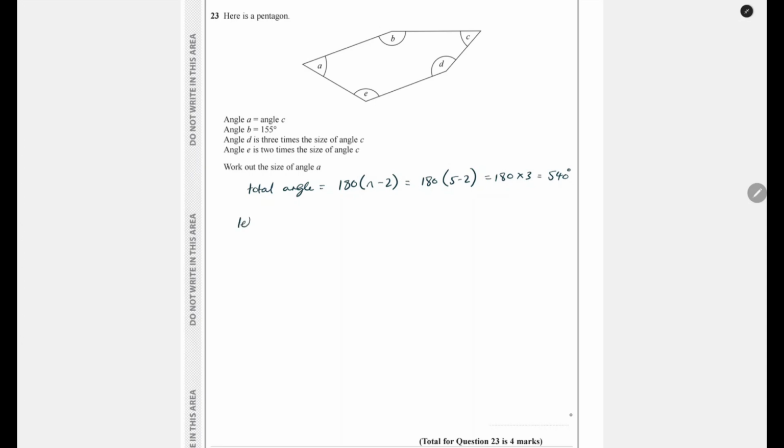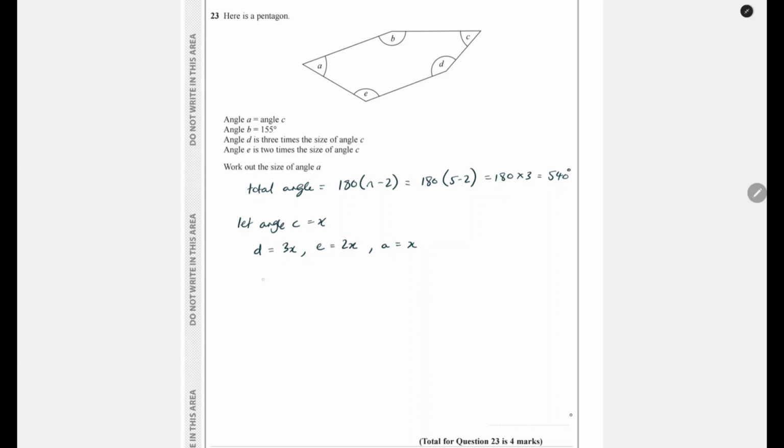So let angle C equal x. That means we have angle D, which is 3 times the size of angle C, so it's 3x. And angle E is twice the size of angle C, so that's 2x. And we know that angle A is the same as angle C, so A is equal to x as well.